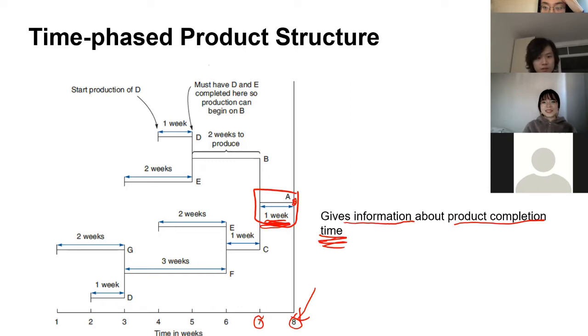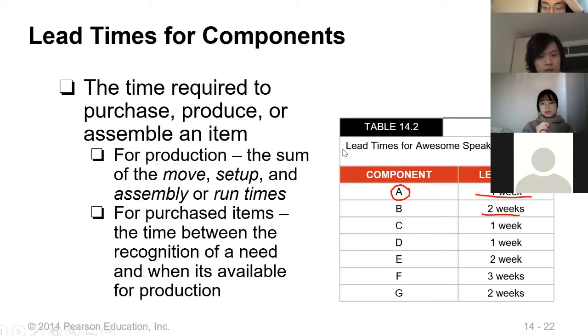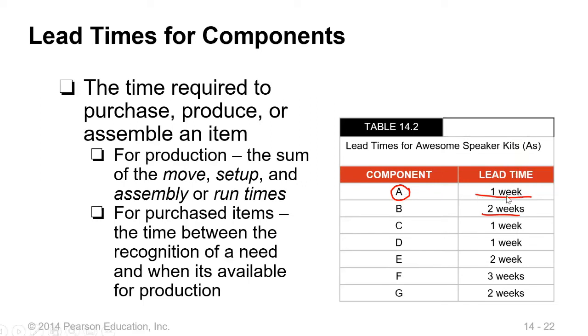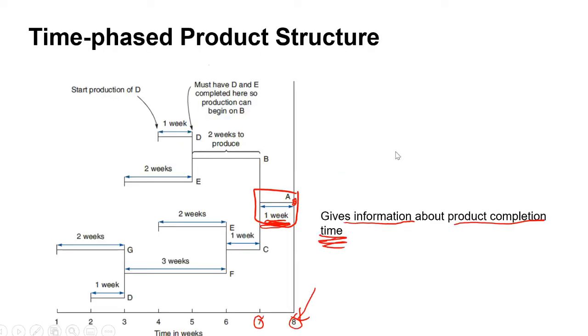If you want to start making A at week 7, because the lead time for A is 1 week. B is 2 weeks. C is 1 week. So that's why we have this 7. So this is the so-called order release.